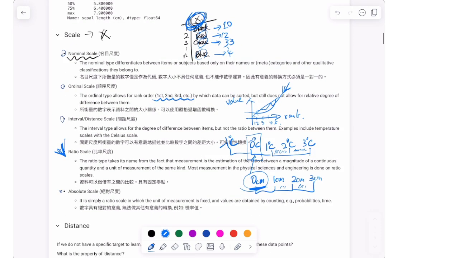Okay, so take some time to think about your data and the definition of different scales.